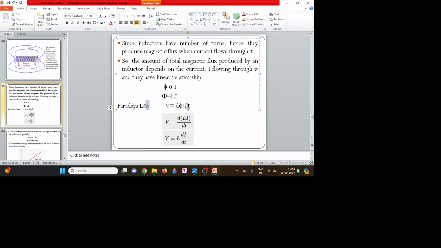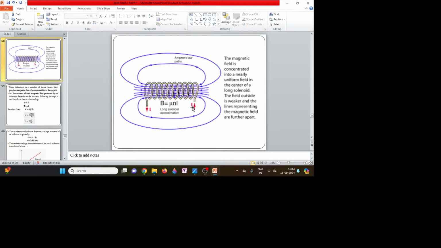According to Mr. Faraday, who has derived some laws, the voltage that is induced across a coil will always be proportional to the rate of change of flux linkage. Here, when current is flowing through this coil, flux is induced within the coil.